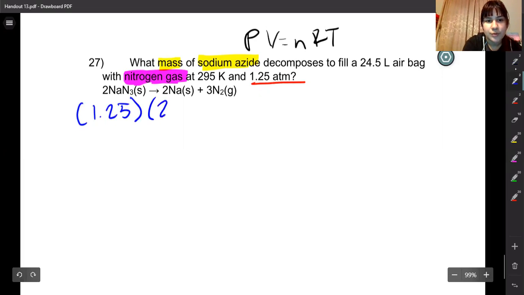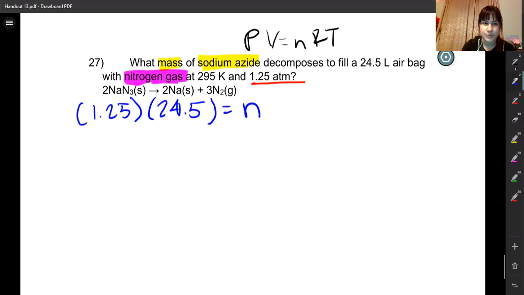A volume of 24.5. We're looking for a mass, and remember that mass in grams is really code for moles in chemistry.